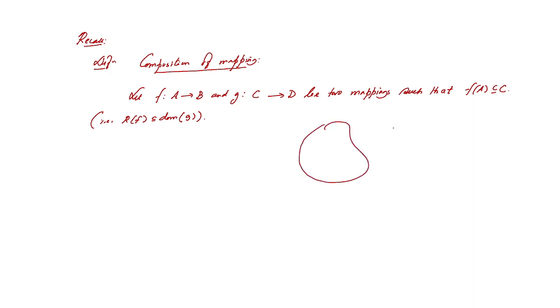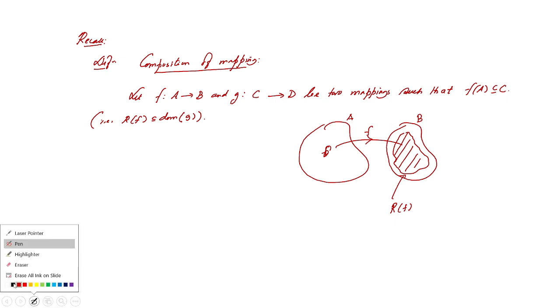So this is your A, B, and f is a function from A to B, and this you can consider as the range of f, which is a subset of the domain of g.